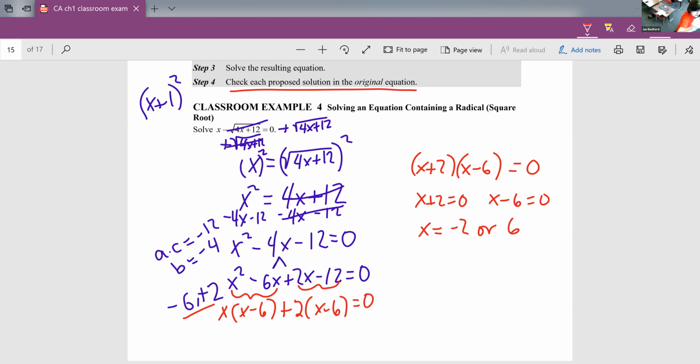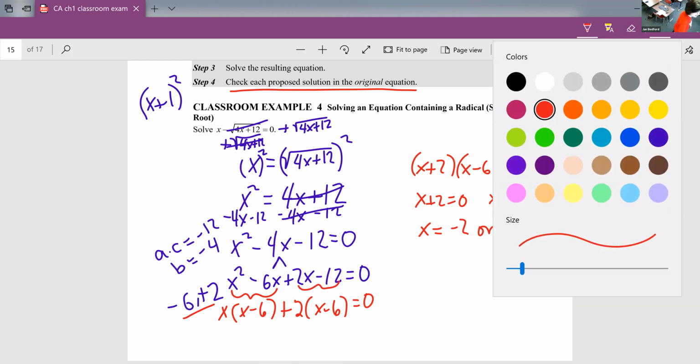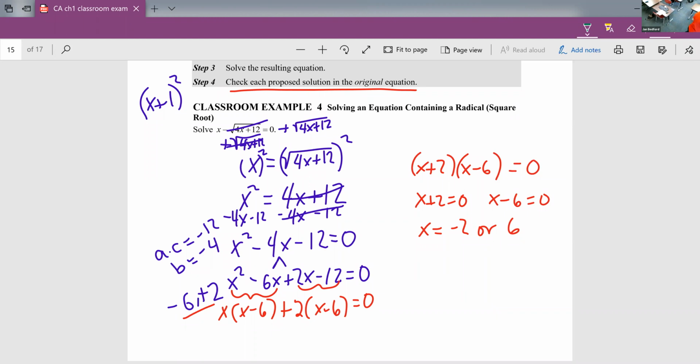So I'm going to test it, and I'm going to try it first with -2. So if I put -2 in for x, and I subtract, and under the square root, I do 4 parentheses, put a -2 in for x plus 12. What I want to see is, does that equal 0? Now, use your calculator. That's what I would do.